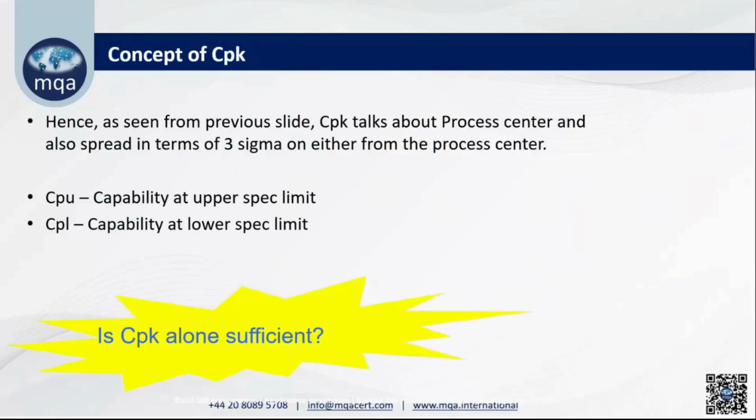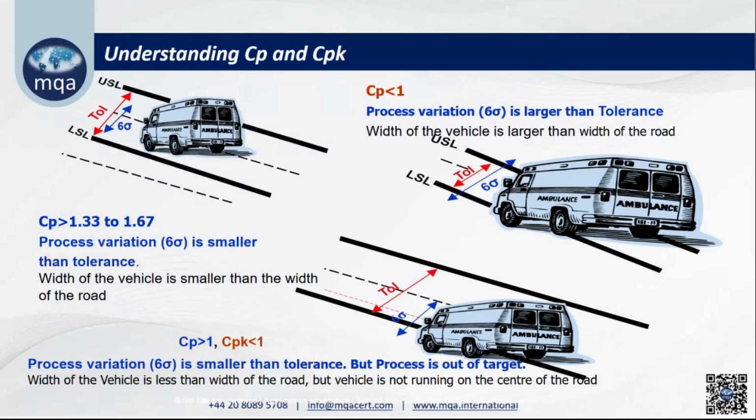Hence, we have seen in the previous slide that CPK talks about the process center, and also the spread in terms of 3 sigma on either side of the process center. So CPU is the capability upper limit, CPL is the capability lower limit. Now understand from this example. This is a vehicle and the road width.